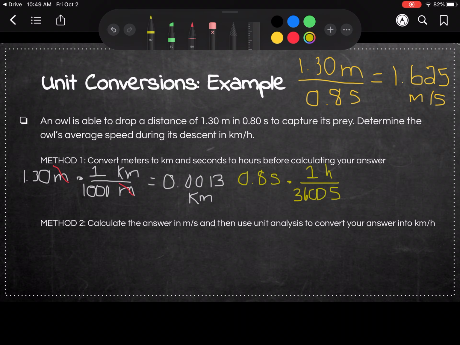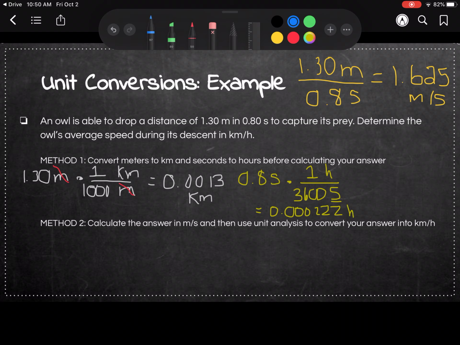So if we do that calculation, we get an answer of 0.0002 repeating. And that's hours.